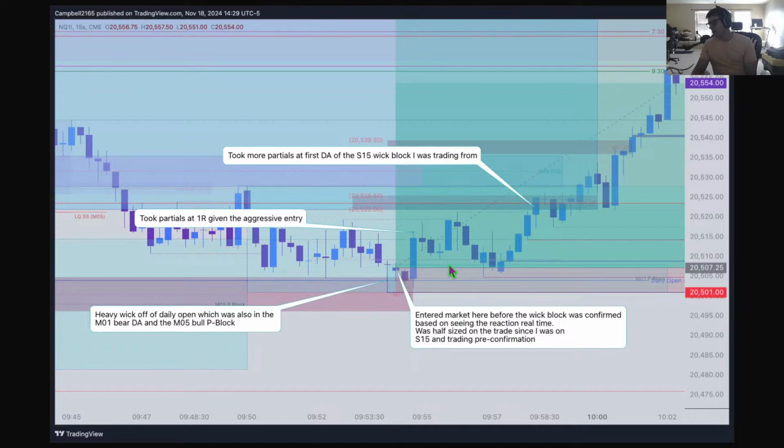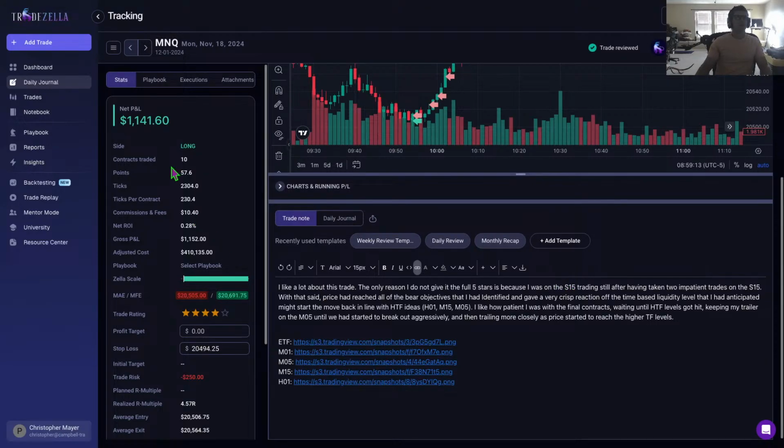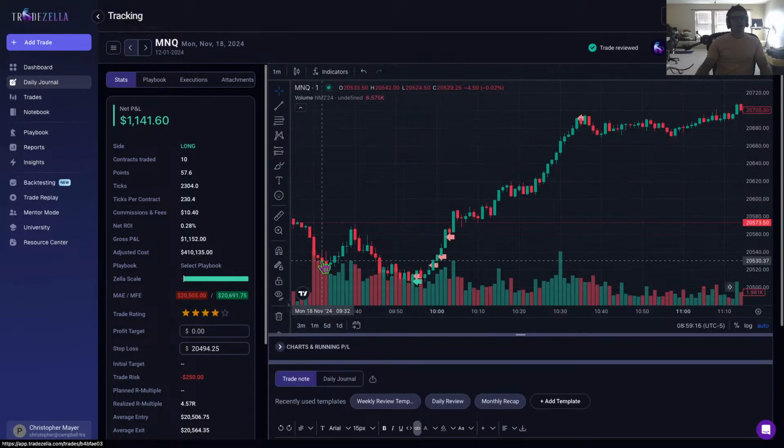And even here, I think it was an early entry because you got your confirmation of the bull impulse here, and so even on the 15-second, you hadn't reached your first distribution area. The entry could have been over here when it came back to test the wick block, right? So the wick block hadn't been confirmed when I entered. I was entering super aggressive, not something I recommend. So that was that trade. And it worked out great.